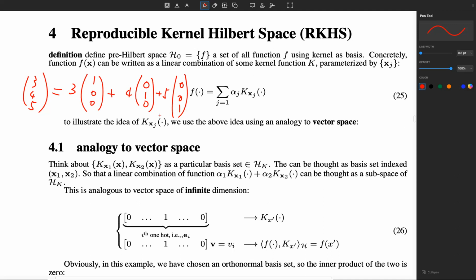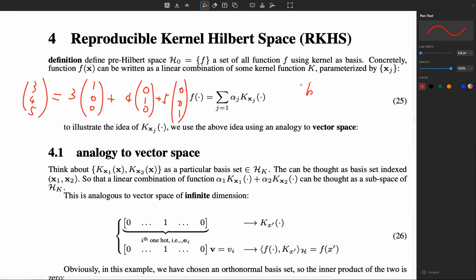The radial basis functions. Sorry? The basis functions. Oh, the RBF. How is the RBF a basis? You have to have a set of bases in order to form a function. Okay, so you have a set of your RBFs, and how do they differ?